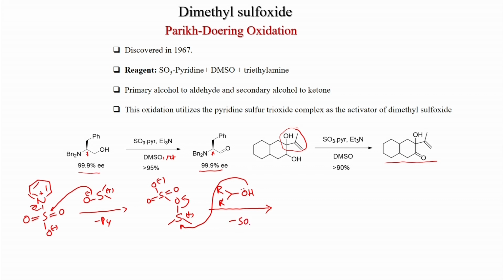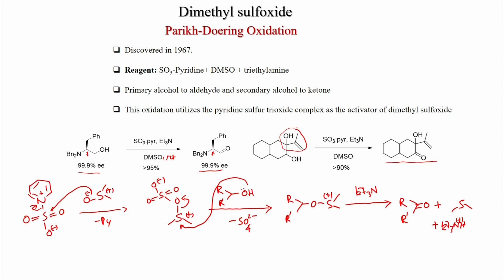Sulfate 2 minus is the leaving group here, and after that you get this sulfonium salt. Actually, here SO4 2 minus is the anion, and now after treating with triethylamine, you will get the ketone and dimethyl sulfide and triethylamine ammonium salt.